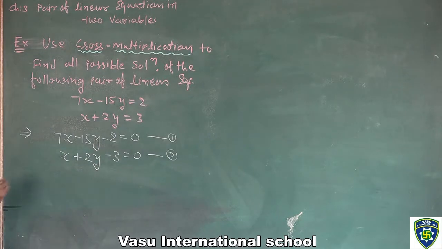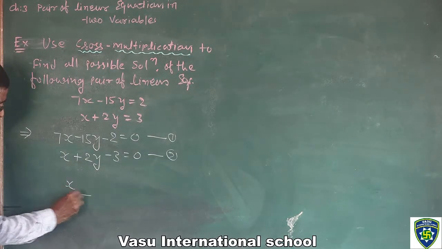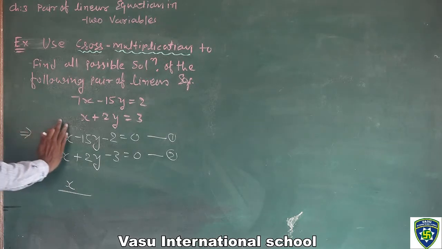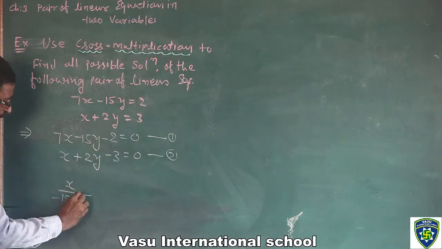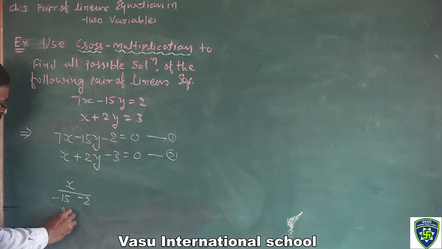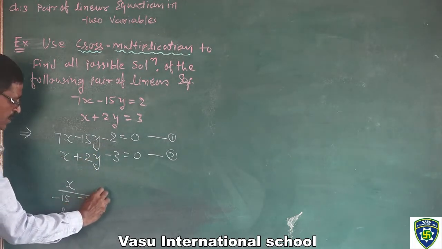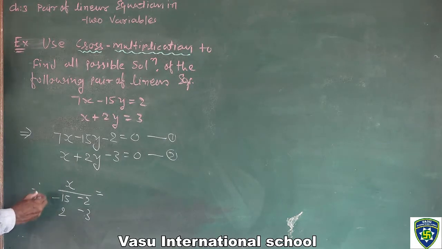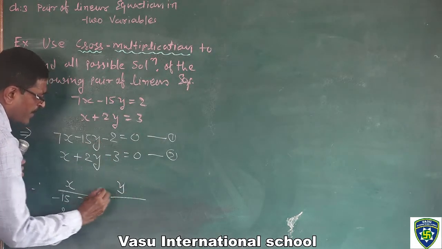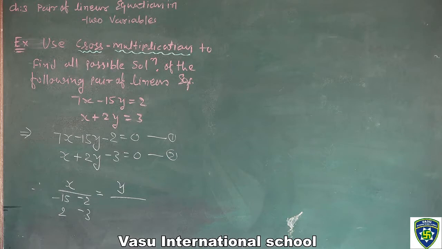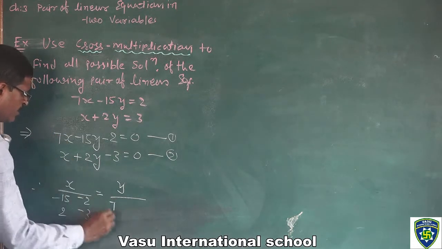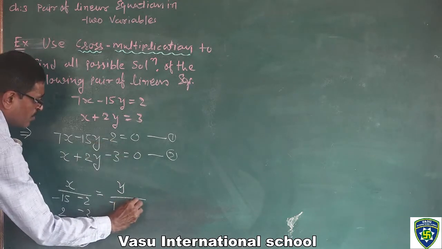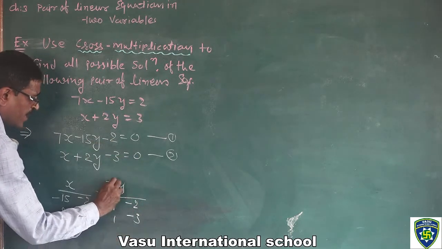Now we write like this: x upon the coefficients of y and the constant term, minus 15, minus 2, plus 2, minus 3, is equal to y upon, similarly, the coefficients 7, 1, minus 2, minus 3, we take minus y.